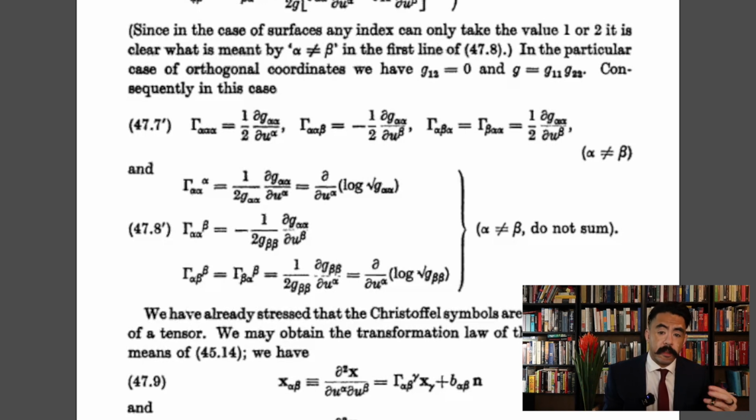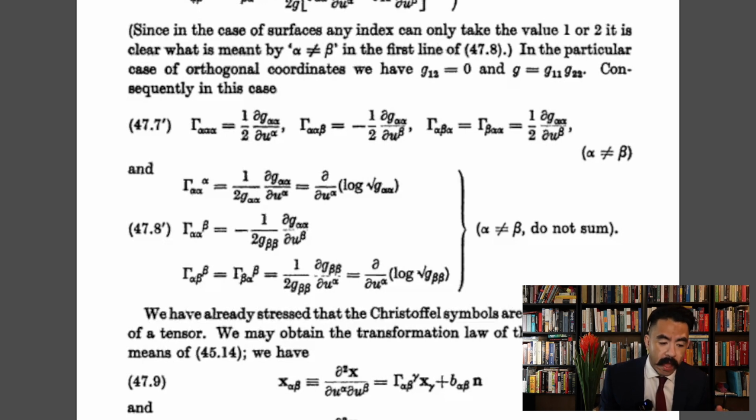And of course, alpha does not equal beta, and Christoffel sub alpha alpha superscript alpha equals 1 over the quantity 2 times g sub alpha alpha closed quantity then times partial g sub alpha alpha partial u alpha, which equals partial with respect to u alpha of the logarithm of the square root of g sub alpha alpha. We also have Christoffel sub alpha alpha superscript beta equals negative 1 over the quantity 2 times g sub beta beta closed quantity times partial g sub alpha alpha partial u beta.